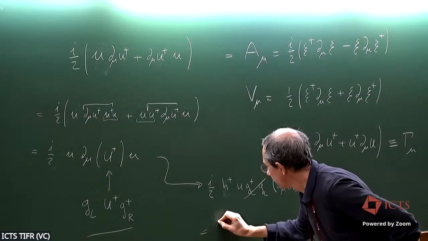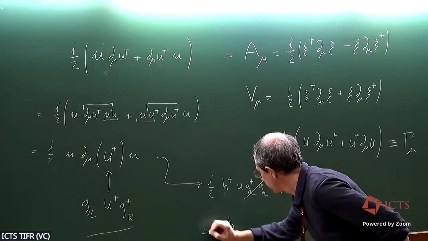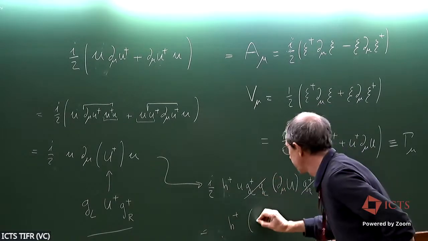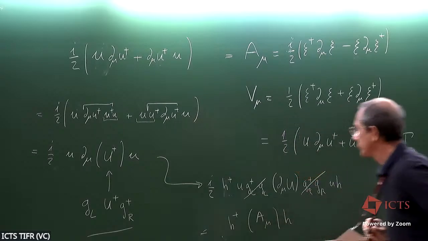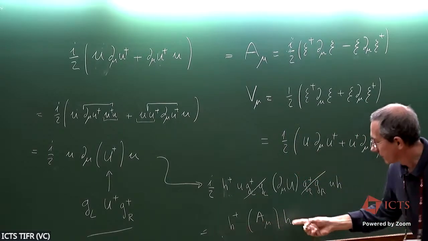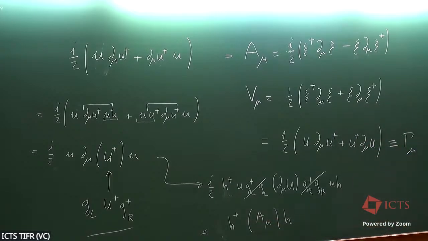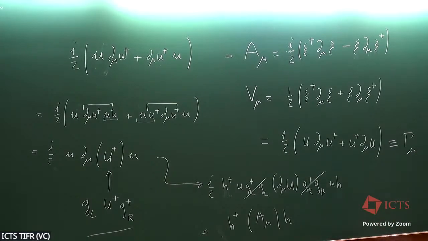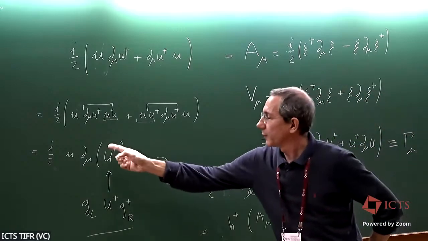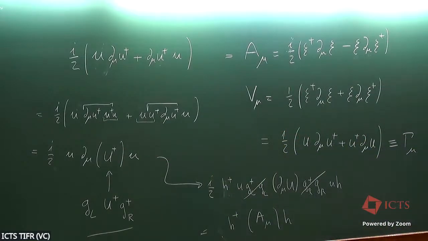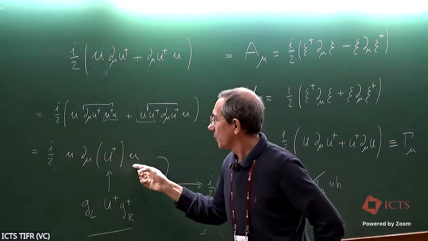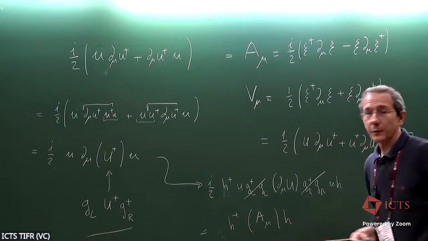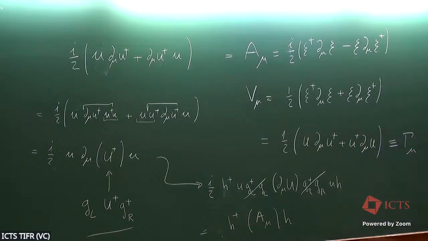And so this will be H dagger, my object, H. So I have a nice object that transforms as H dagger H, which has the property of being an axial current. So it's nothing but our d mu u. There is nothing new in u, but we compensated with a compensator field to get something that transforms like this.